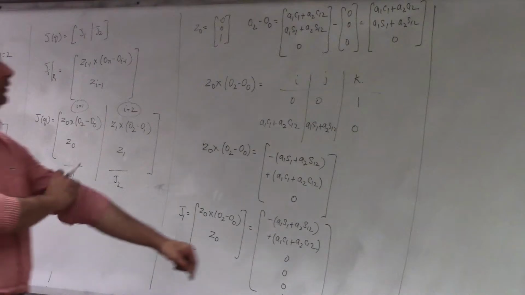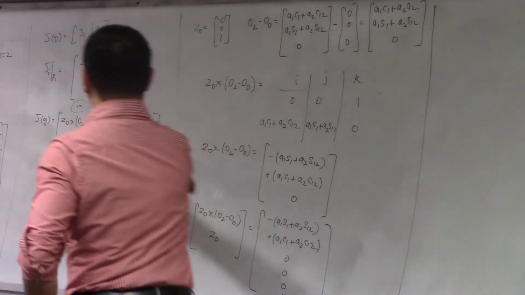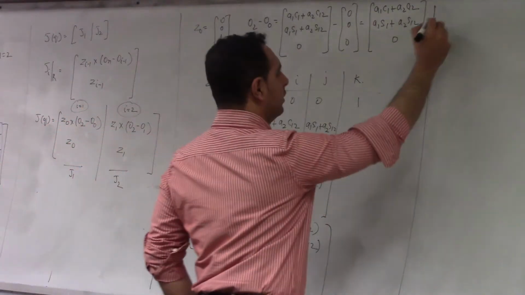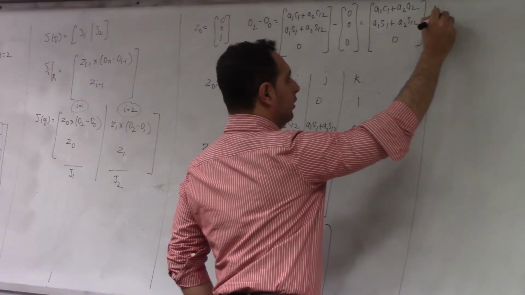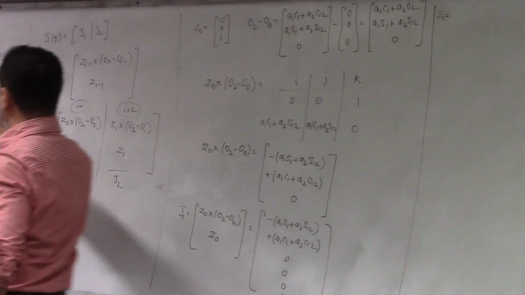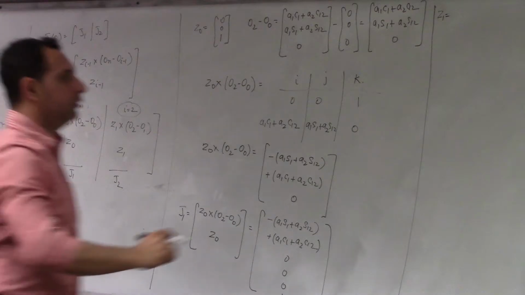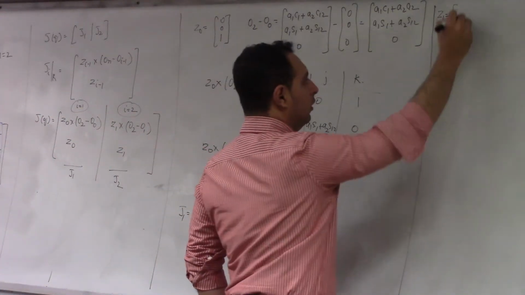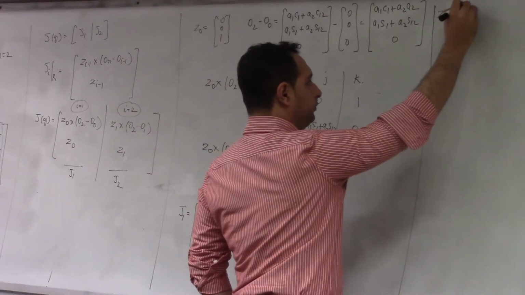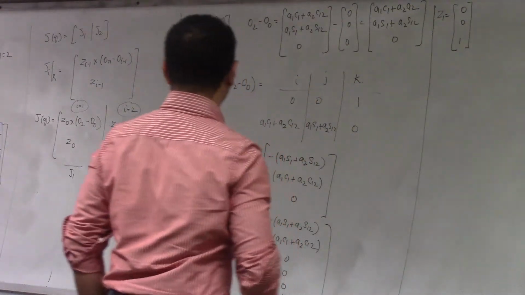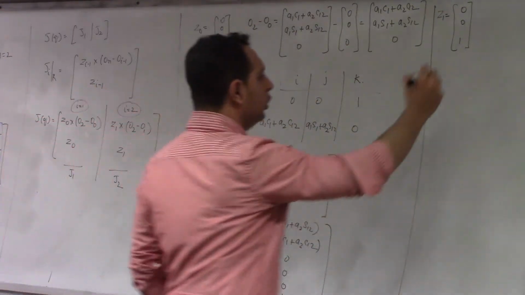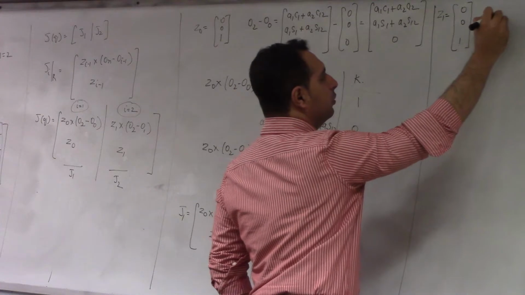So J2 here will be Z1 cross this. We know Z1 is from here. Z1 is right here, which is 0, 0, 1. O2 minus O1.